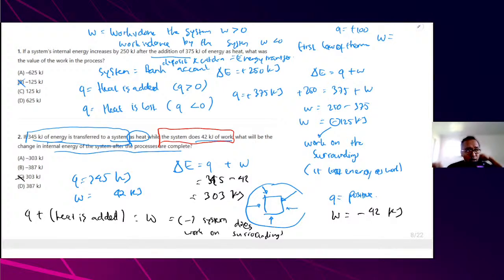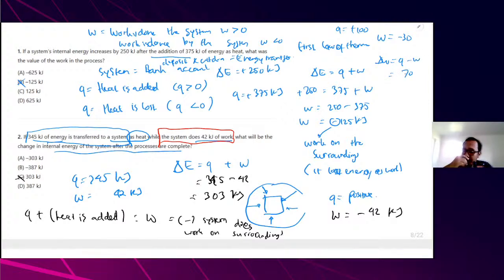Work done by you, for example, minus 30. If someone transfers me $100 and then I buy something, you pay $30 for groceries, which means W will be decreasing, or minus. How much does your account change? So it's simple. 100 minus 30, so it will be 70.